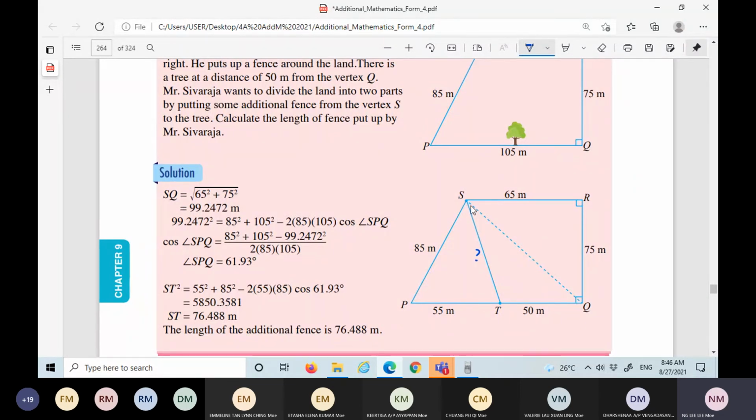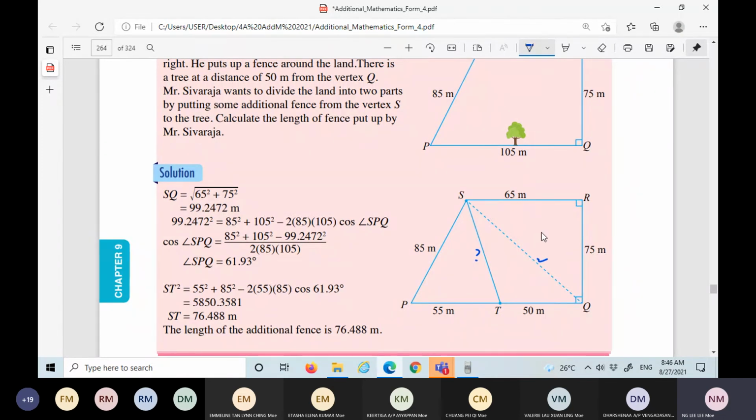So here you only have 2 lengths, here you only have 1 length. So you have to make use of this right angle already. Because you have this length and this length, you can get SQ by using Pythagoras theorem. So sometimes you still have to go back to a right angle triangle. Cooperate with the sine rule, cosine rule, you still have to go back to your right angle triangle so that you can use your Pythagoras theorem and you can use your SOH CAH TOA.